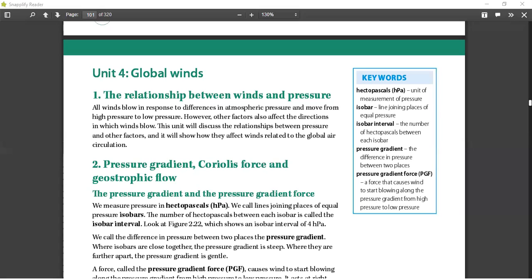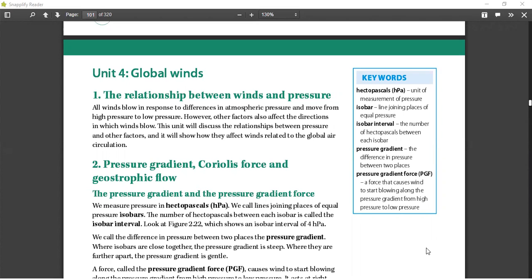Today, I'm going to be talking about pressure gradient force. Pressure gradient force is the lesson that I gave you last Thursday, after we did the unicellular movement of global air.